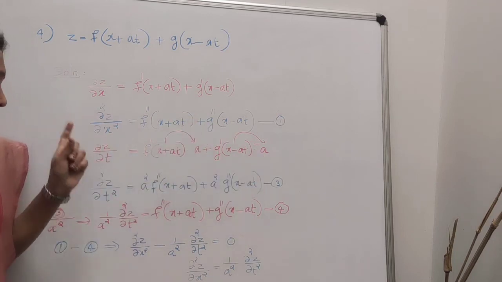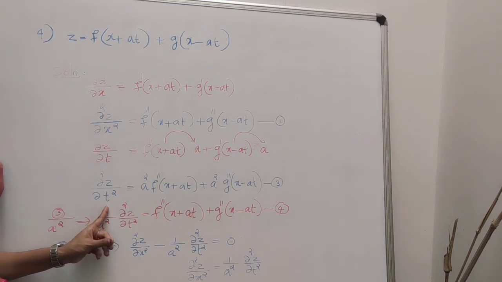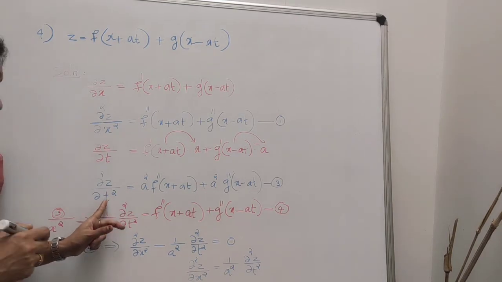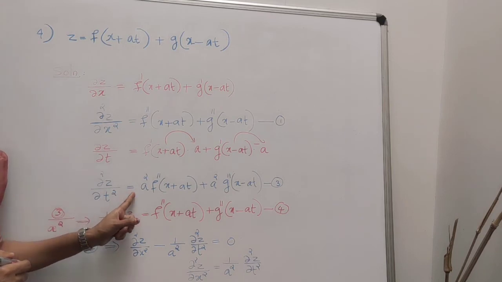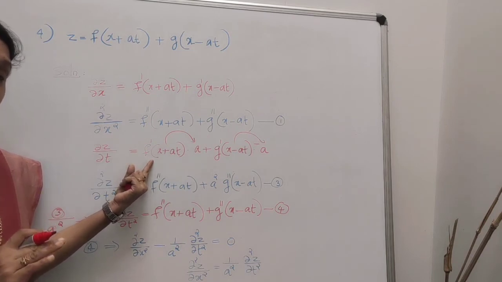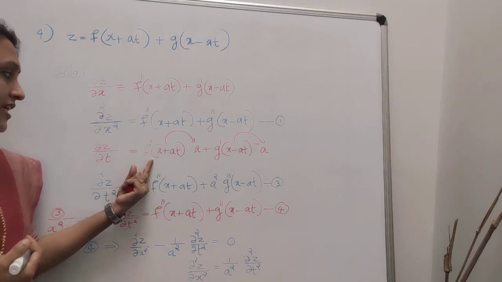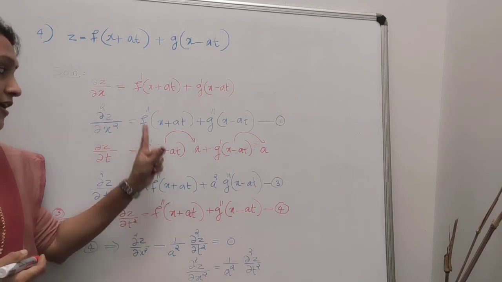Again we are differentiating with respect to t. So we will get the second order partial derivative, dou square z by dou t square, which is equal to a into f dash. Already we have that. One more time when you are differentiating, f dash becomes f double dash, again one more into a.